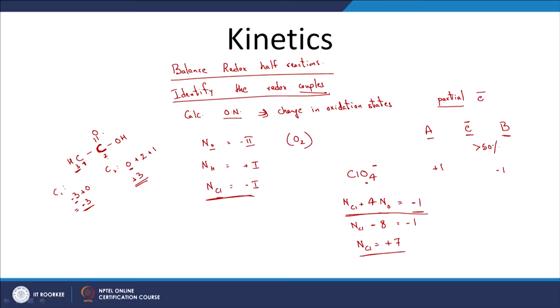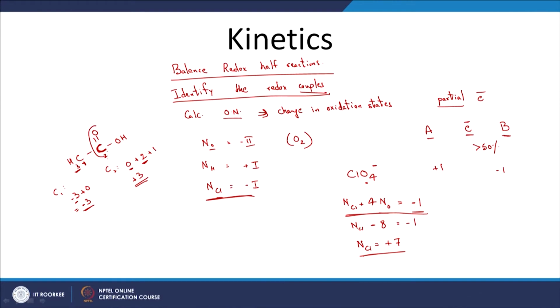But with respect to the 2 electron pairs shared by carbon with oxygen, oxygen being more electronegative, we assign those electrons to oxygen. So +2 for this case, and +1 from this case here.